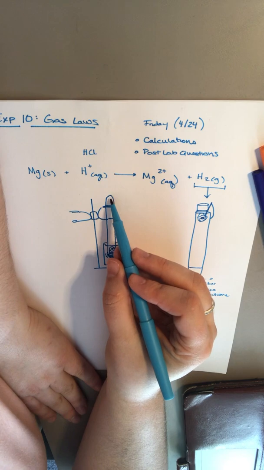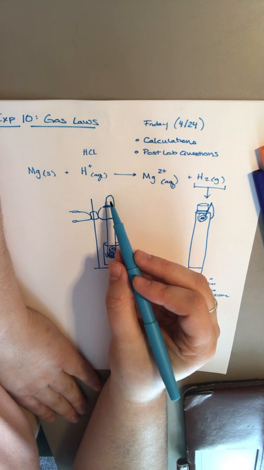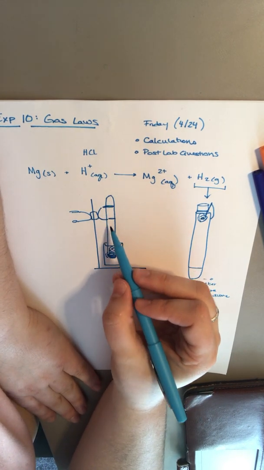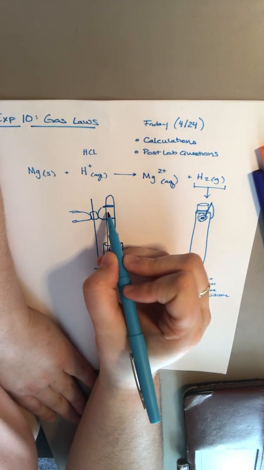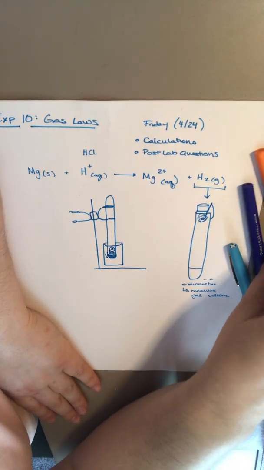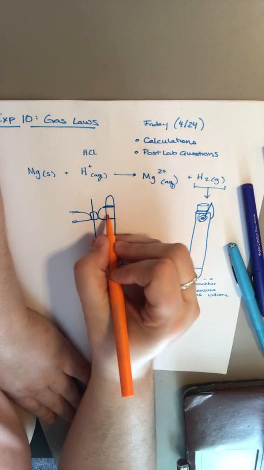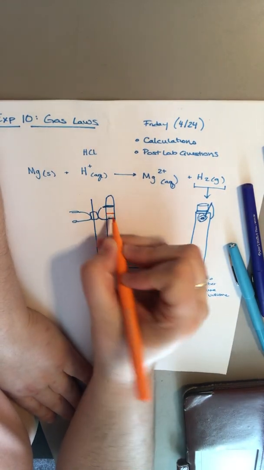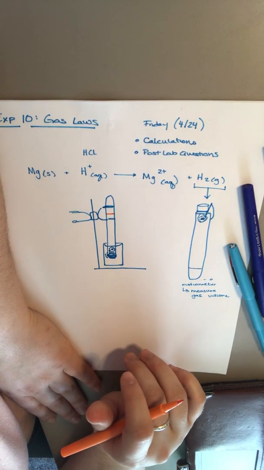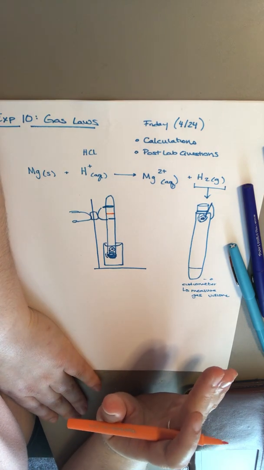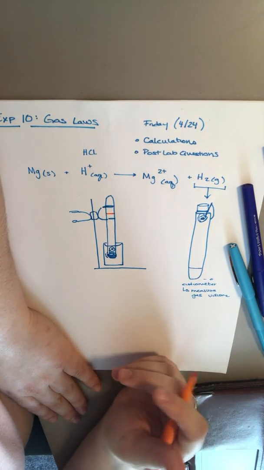What's going to happen is the HCl comes down and interacts with the metal, which is going to produce these bubbles and an amount of gas. We're just going to assume that this much gas is produced, and it doesn't actually matter how much is produced right now. But there are a couple of different things that the data shows us.